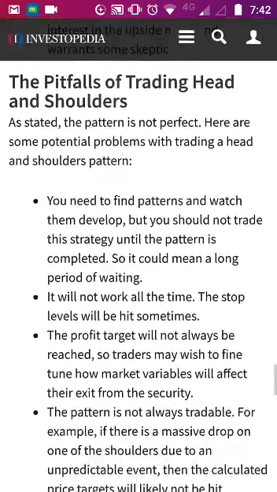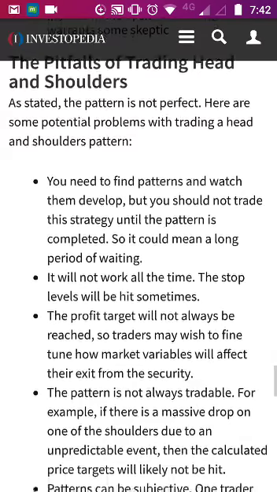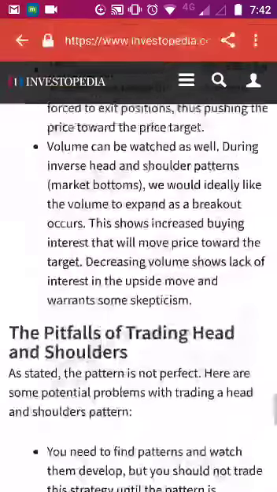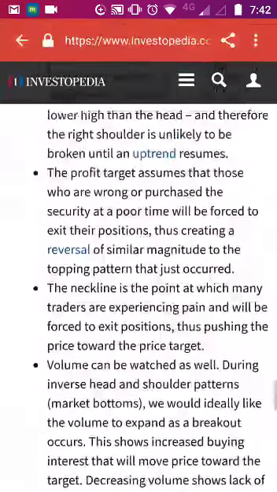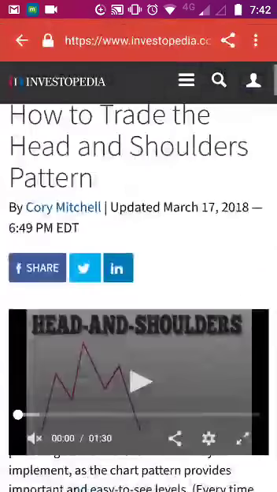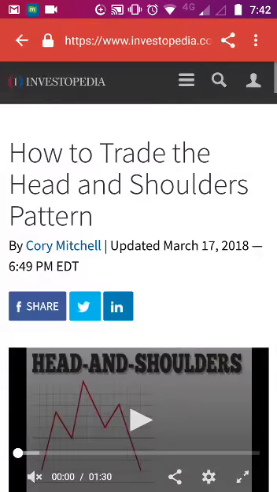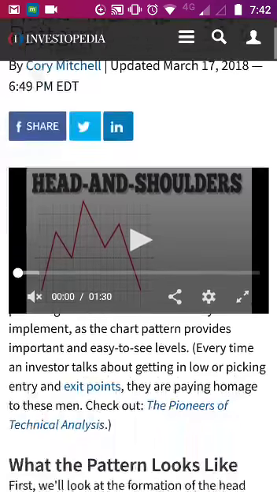Most of these indicators are 60 to 80% accurate, though that is another debate which people will keep arguing. Once you understand the pattern, it's equally important how you are going to trade with it. That's something many people fail to realize. Just understanding the pattern is not enough, you have to understand how it works and under what conditions it works.